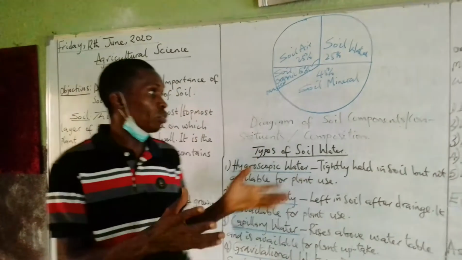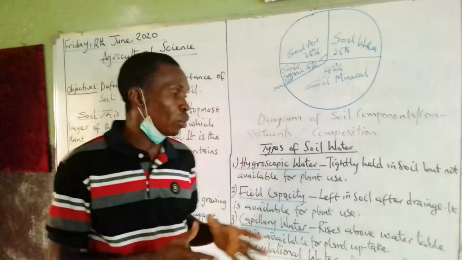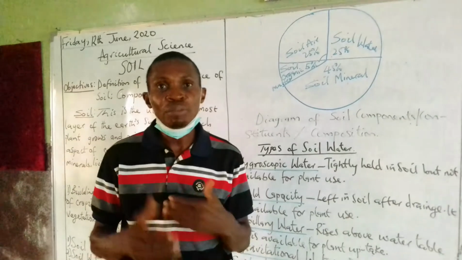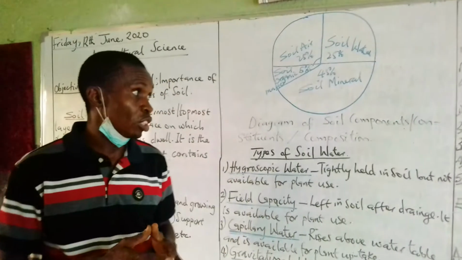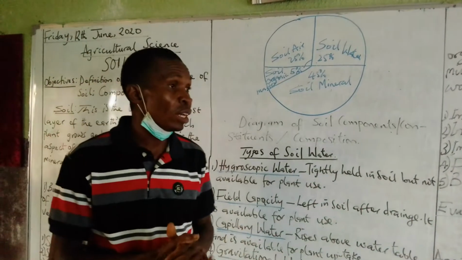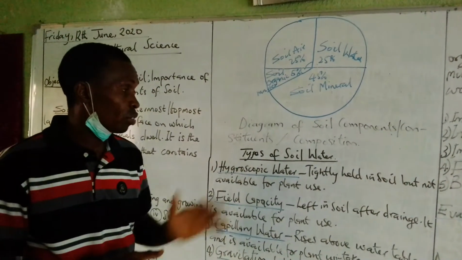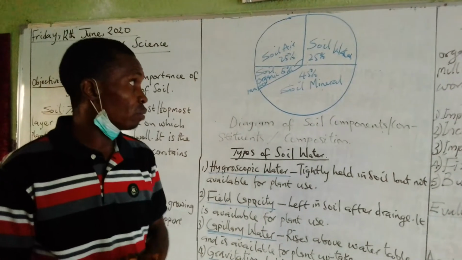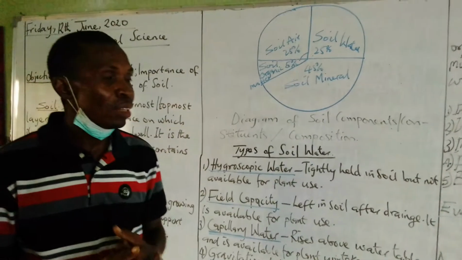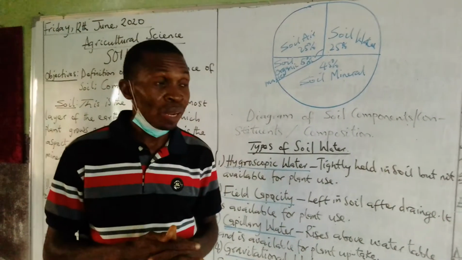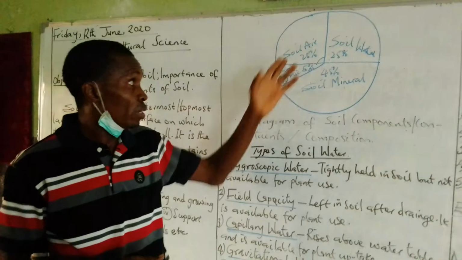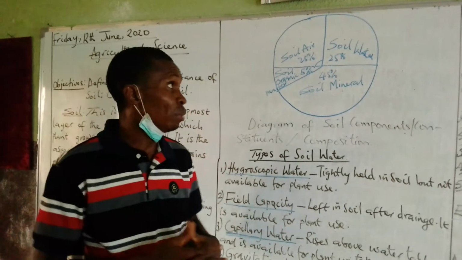5%. All these components of soil have their various importance, how they help soil to be comfortable and conducive for plant growth and animal rearing. Without air, the roots of plants cannot develop. Without air as well, plants cannot germinate.